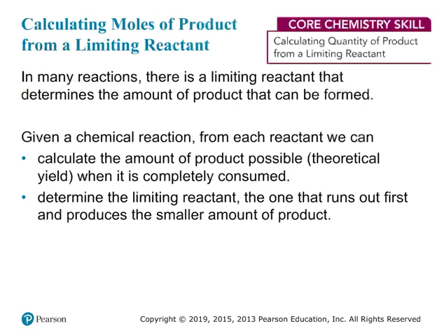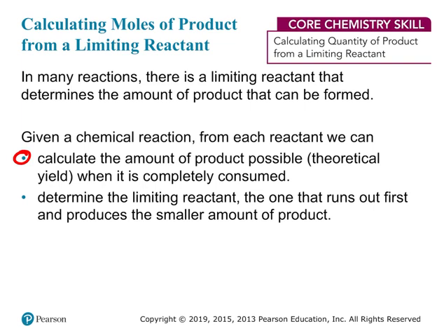So again, in many reactions, there is a limiting reactant that determines the amount of product that can be formed. So given a chemical reaction, we can look at each reactant individually and see how much of each we have. And from each of those reactants, we can calculate the amount of product that is possible.